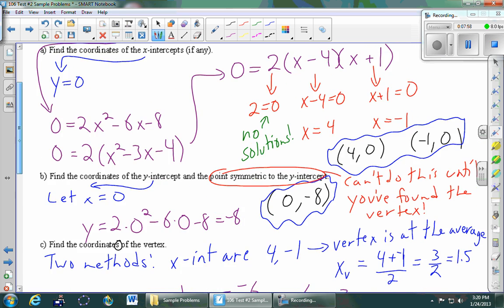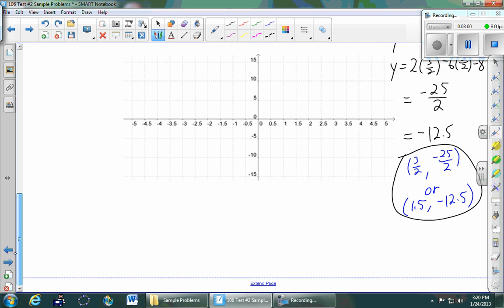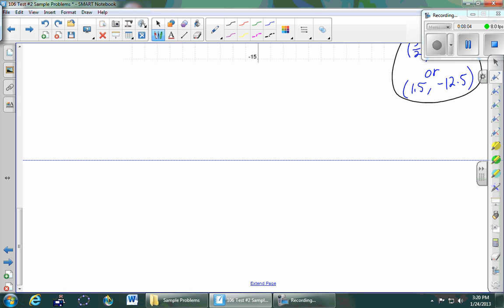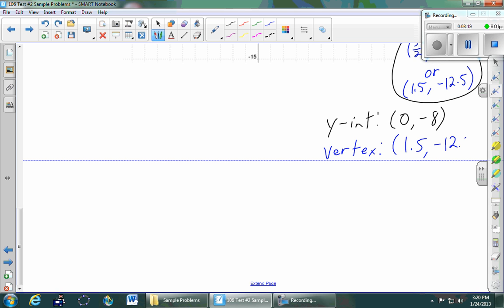So let's just go down below. And we'll continue on here on the right. So we found up above the y-intercept was 0, -8. And then the vertex we've got highlighted up there in blue. So we'll just write it here. The vertex is at 1.5, -12.5.